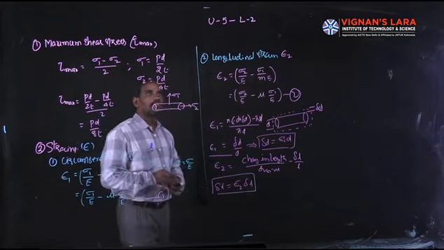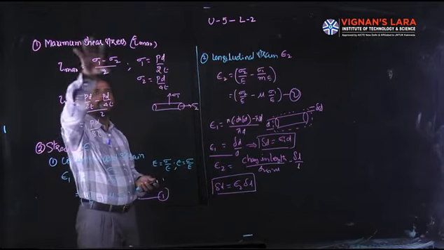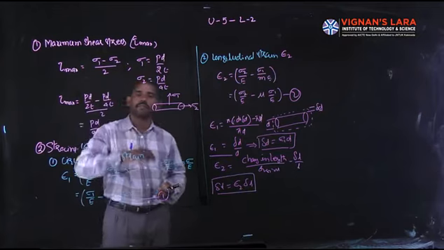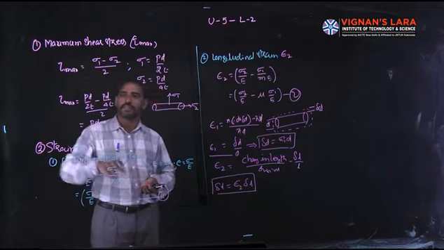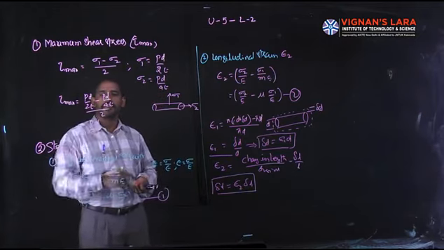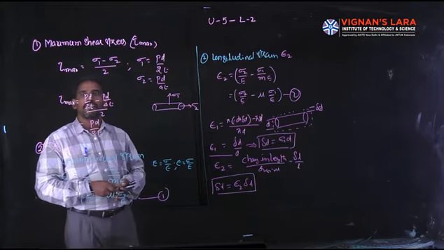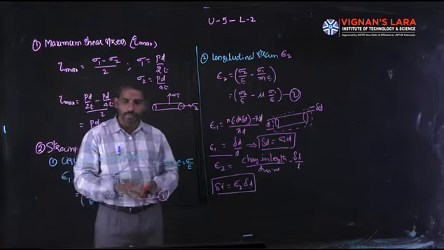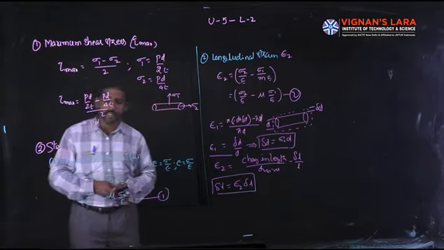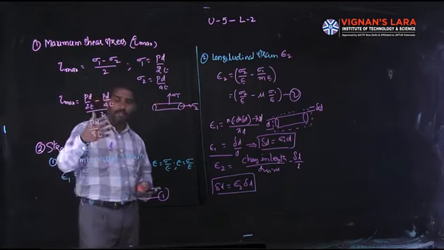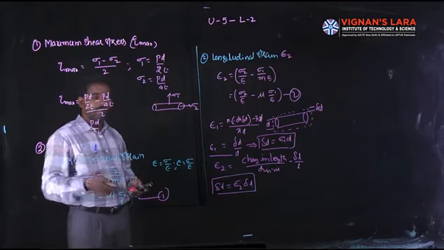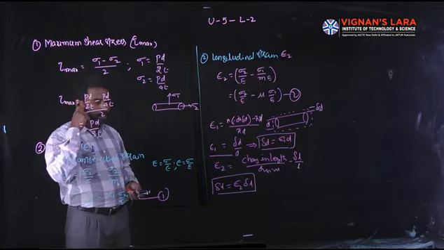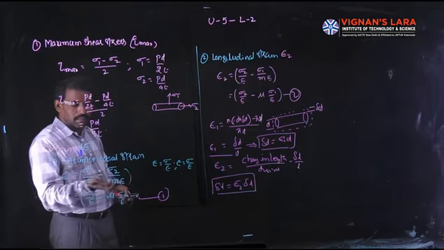So what we did: for the maximum shear stress, as we know that the longitudinal and circumferential stresses are perpendicular to each other, mathematically tau maximum is equal to (sigma 1 minus sigma 2) by 2. Then we found the strains induced in a cylinder due to the fluid pressure acting on it.